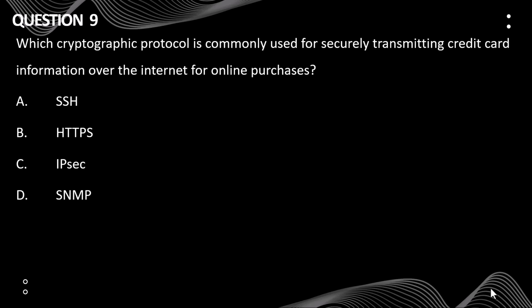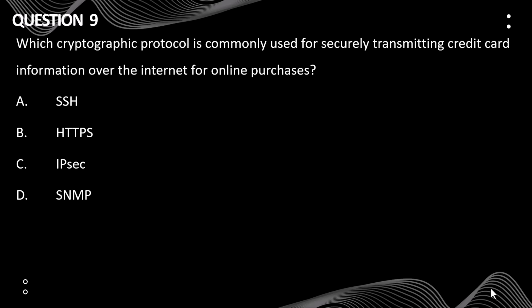SSH is used for securely accessing and managing network devices. It is used for secure command line access and data transfer between computers. However, it is not used for transmitting credit card information during online purchases. It's only used for securely accessing and managing network devices.